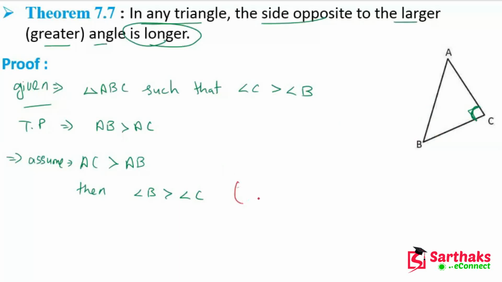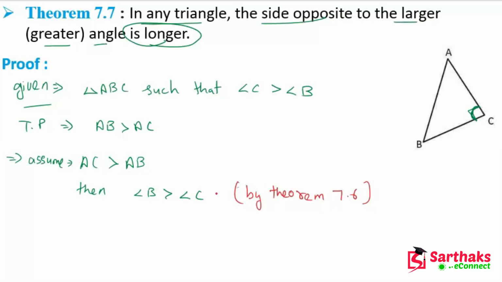This condition is by the previous theorem, theorem 7.6, because it says that if two sides of a triangle are unequal, then the angle opposite to the longer side is larger. Got it?